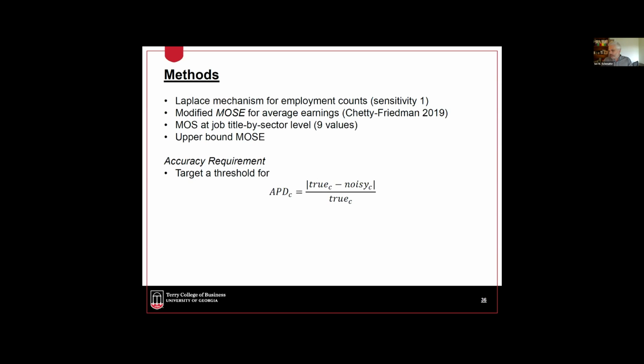And something that made this implementation a little bit different is that we have an accuracy requirement due to pre-existing agreements with IRIS. They had an expectation of a threshold level of data accuracy measured in terms of an average percent deviation. So that is, on average, the difference between the true and noisy values scaled by the truth needs to match some preset level.